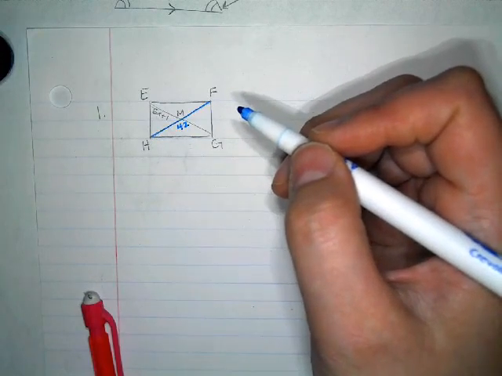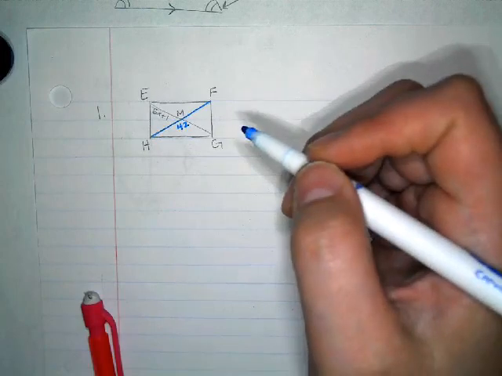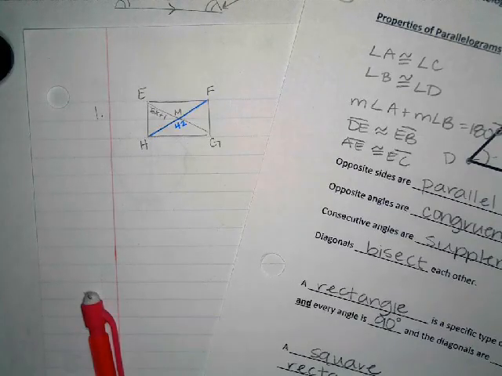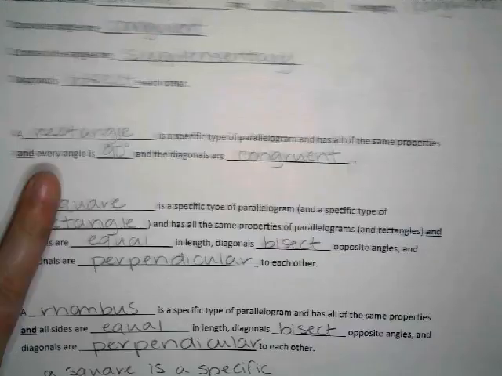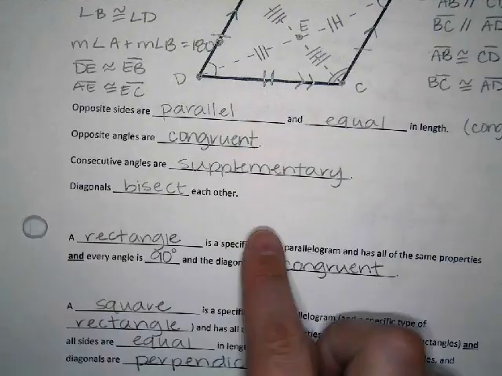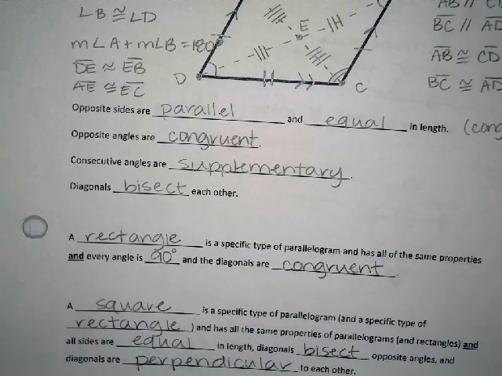Okay. So if we have a rectangle, I'm going to grab my notes about rectangles. What do we know about the diagonals of rectangles? They're congruent. The two diagonals are going to be the exact same length. What else do we know about diagonals, because a rectangle is still a parallelogram? They bisect each other, so they cut each other in half.